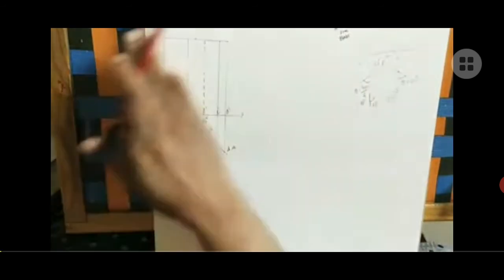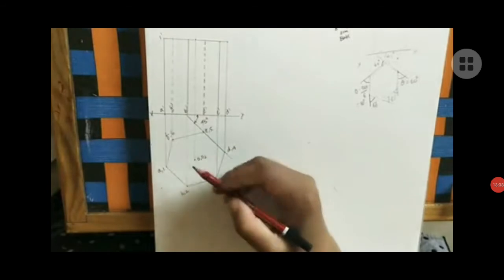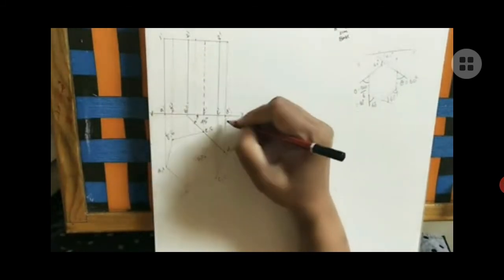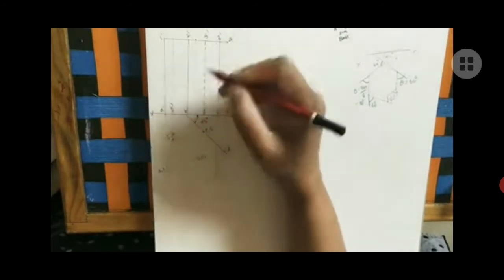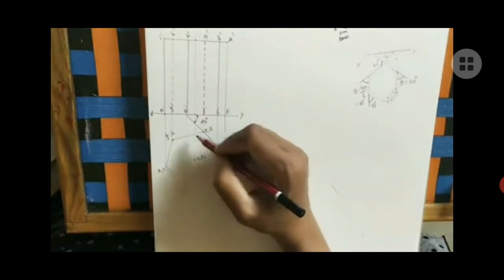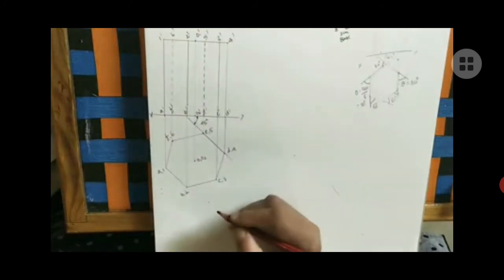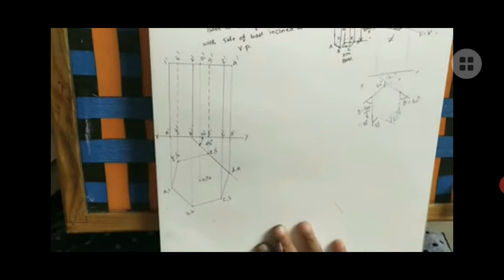Join all the top points and mark the points A and B. Line 1 dash, B dash 2 dash, C dash 3 dash, D dash 4 dash, E dash 5 dash, F dash 6 dash. The axis is 2 dash, 1 dash. This is the front view, this is the top view, and this is the sight direction.